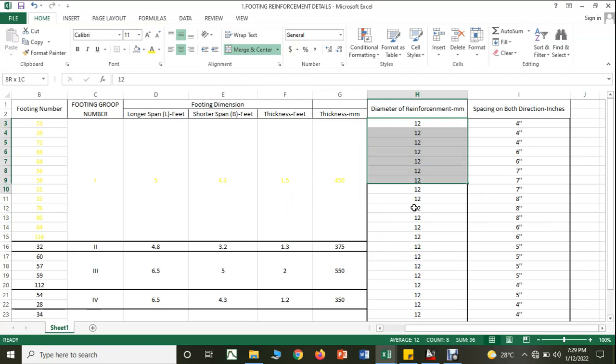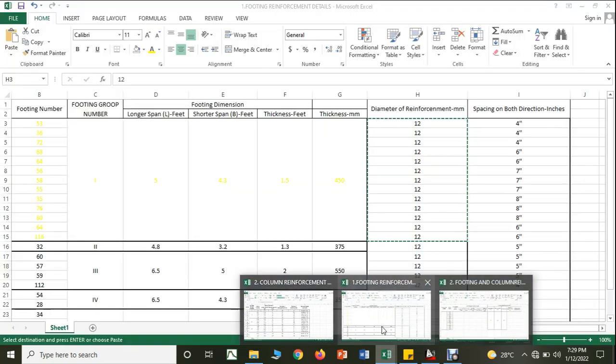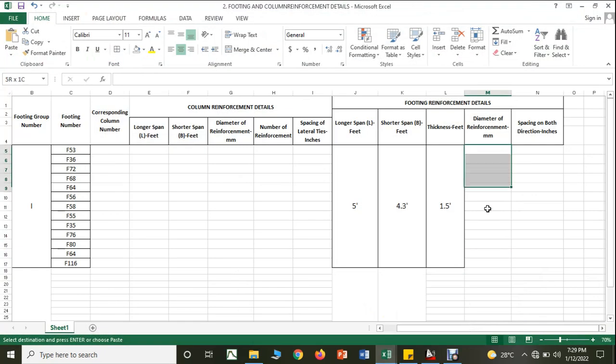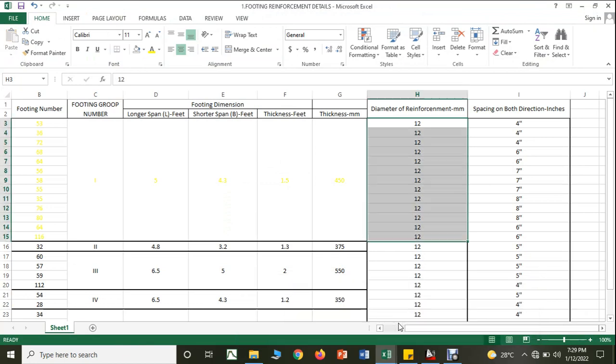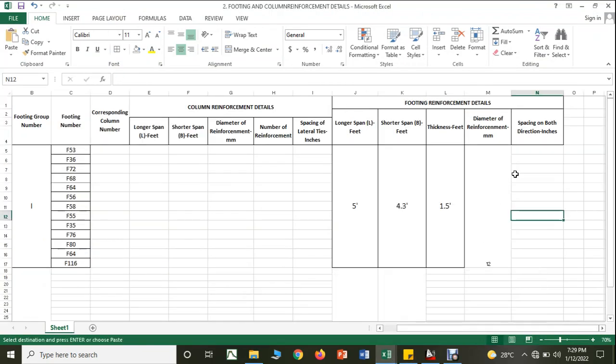So I can merge this entire thing and write 12 mm reinforcement, whereas this is going to change, this will vary. So here I am going to write the spacing like this, right?